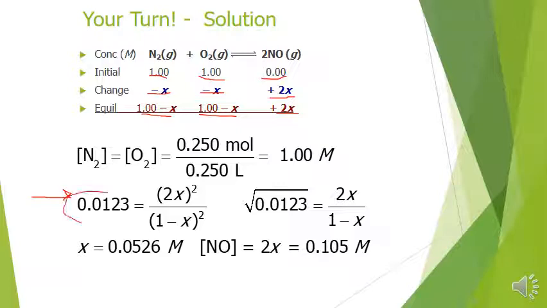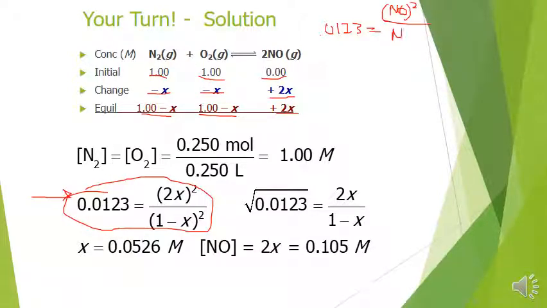This here is from the previous page, where 0.0123 is the equilibrium constant, and that equals product NO squared over N2 O2. So the equilibrium expression is right there.